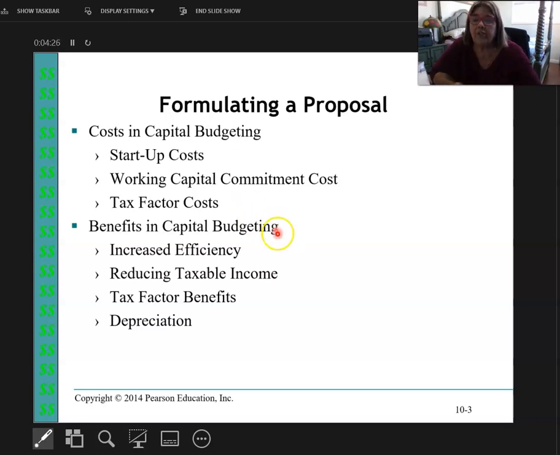This is why I budget. I increase my efficiency. And remember, I said efficiency and effectiveness are my two favorite words in management. I reduce my taxable income, which then changes my tax factor benefits, okay? If my taxable income is lower, then I pay less taxes. And any proposal or any piece of equipment or asset I buy, I can take a depreciation expense.